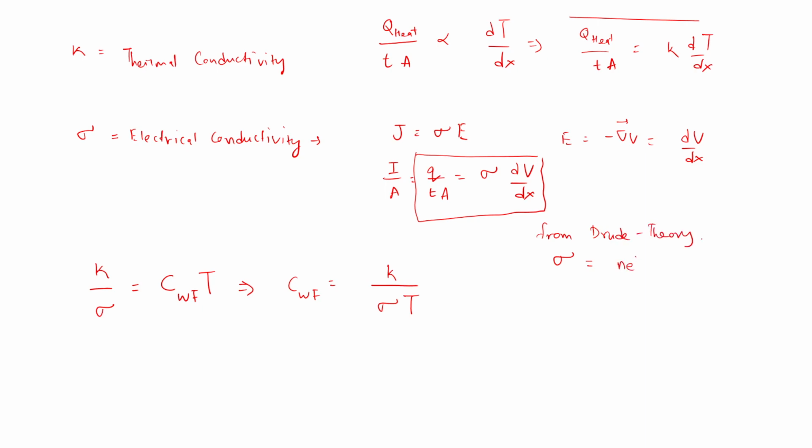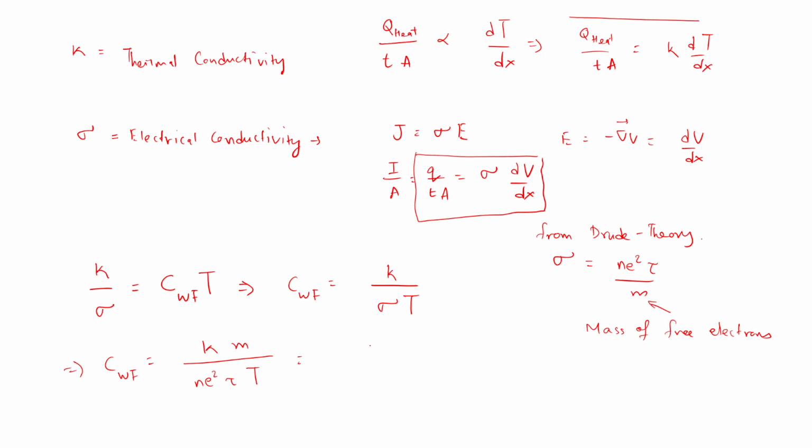Sigma is n e square tau over m, where m is the mass of the free electrons, since Drude theory is about classical free electrons. So C_WF equals kappa over (n e square tau over m) times temperature.